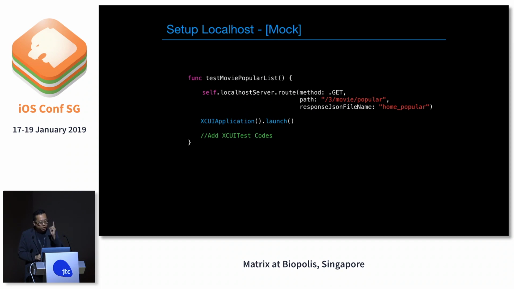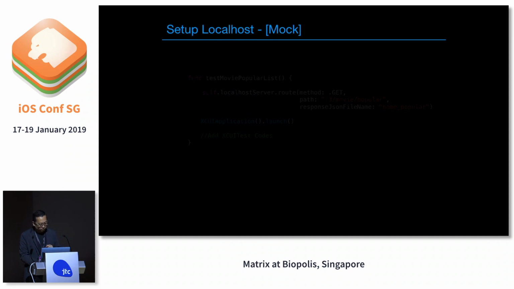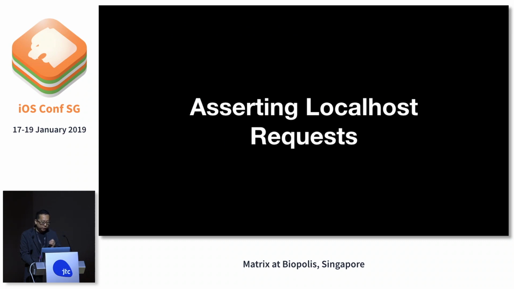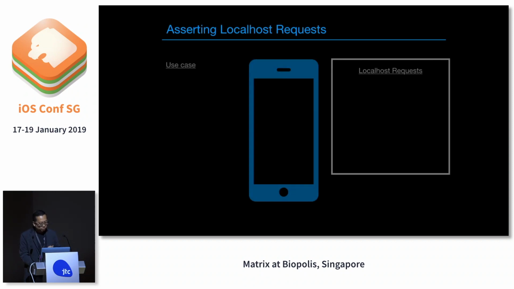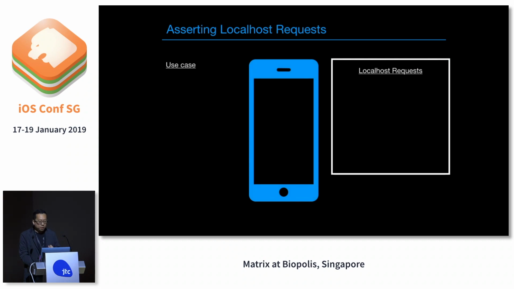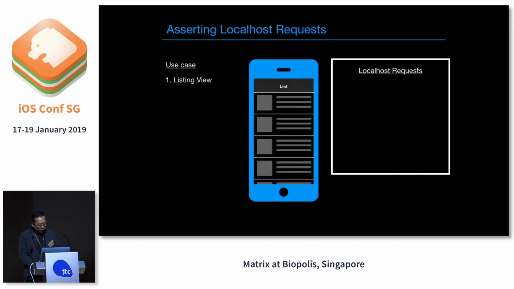But we can actually go further than that. One of the interesting features of using localhost is that we can also assert outgoing API requests. So let's assume that we want to describe a use case for bookmarking an item on a shopping app. In this hypothetical use case, we will start off on a listing view, and here the app fires a request to fetch items to be displayed on a table view.